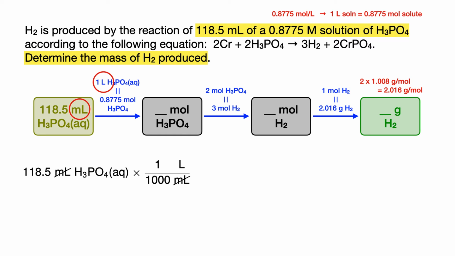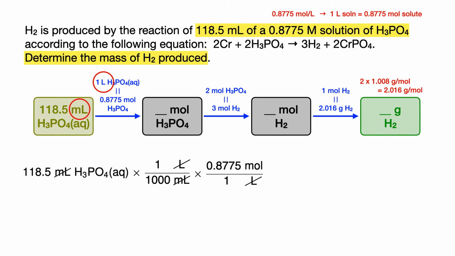Then we're going to want to go from liters of solution to moles of phosphoric acid. And so here the relationship that we need is the concentration, and 1 liter of solution is 0.8775 moles of phosphoric acid. And so this will cancel out the liters.